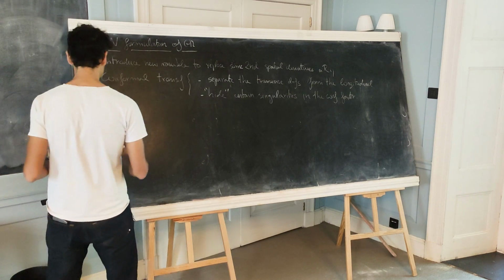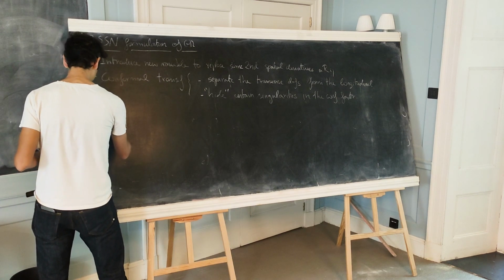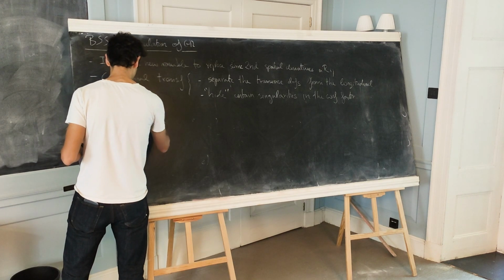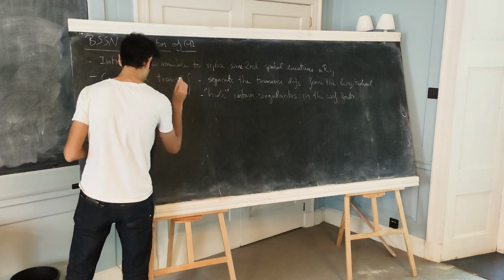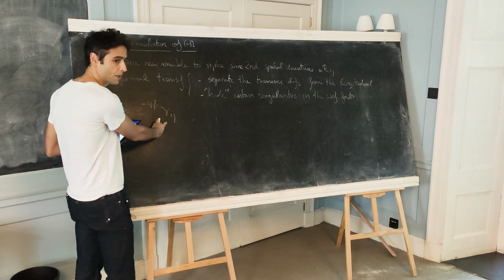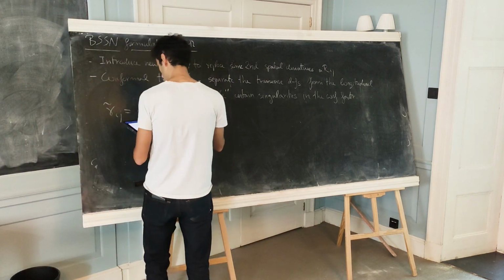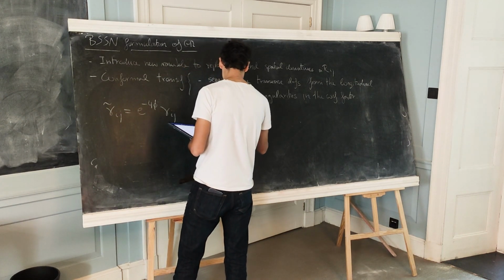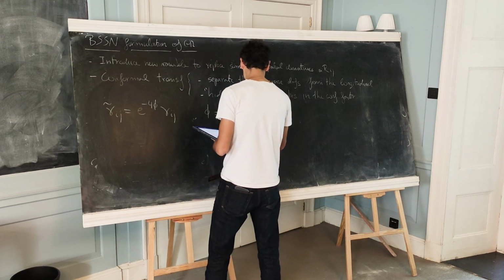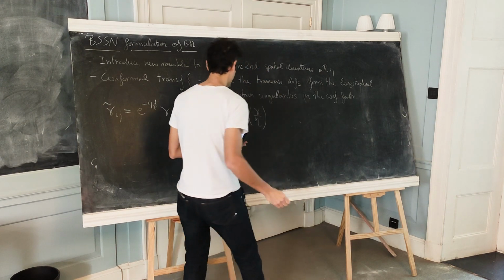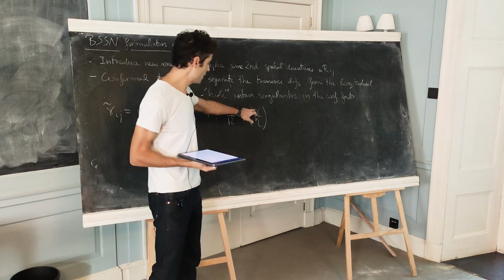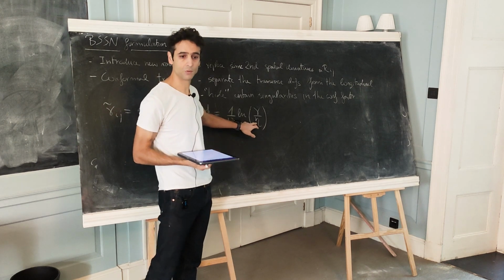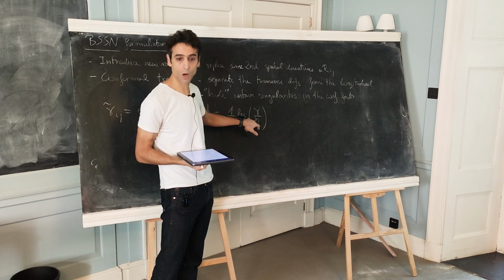So what you do in BSSN is you introduce a conformal rescaled metric. Okay, so that's the physical spatial metric, and you introduce a conformal factor, and this conformal factor is basically where this is the determinant of the spatial metric, and this is the determinant of a reference metric, which we will take to be Minkowski space in Cartesian coordinates, so this is just one.